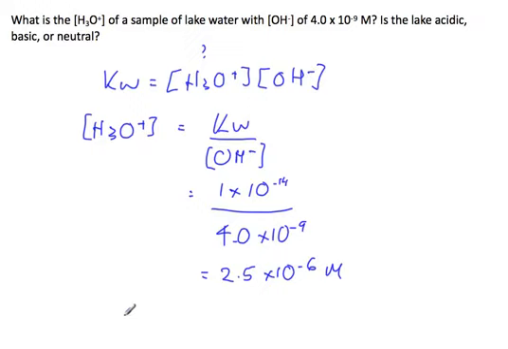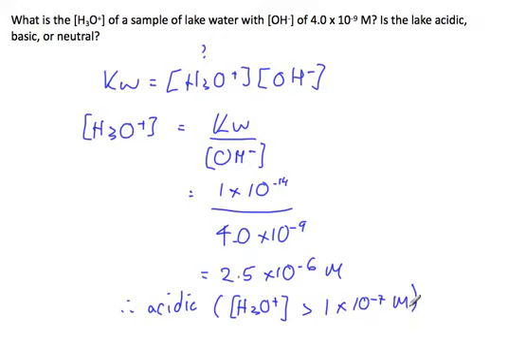And is the lake acidic, basic, or neutral? Well, the lake is acidic because H3O+ concentration is greater than that neutral 1 times 10 to the minus 7 moles per liter concentration. So if it's greater than neutrality, it means it's more acidic. So that lake is actually acidic.